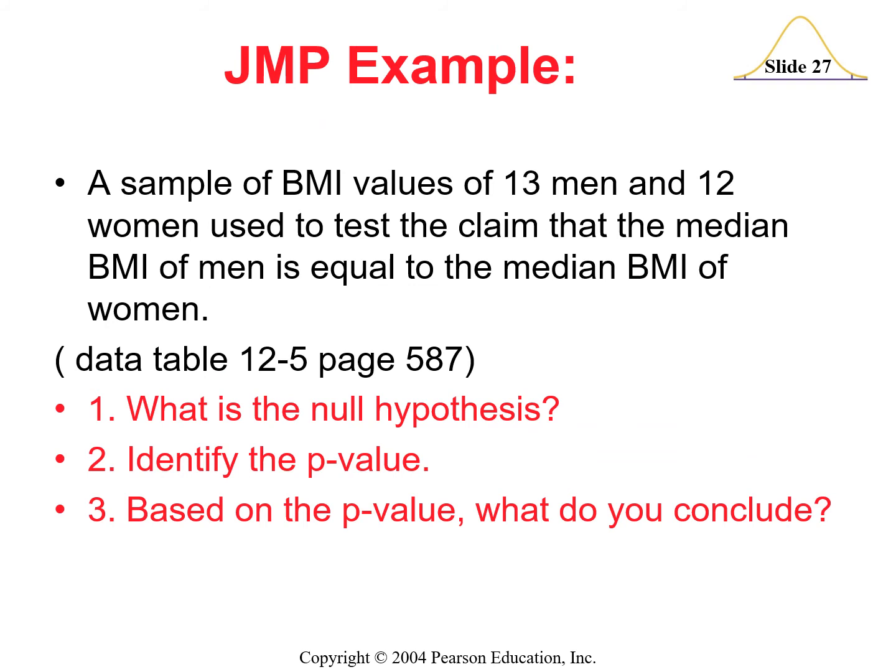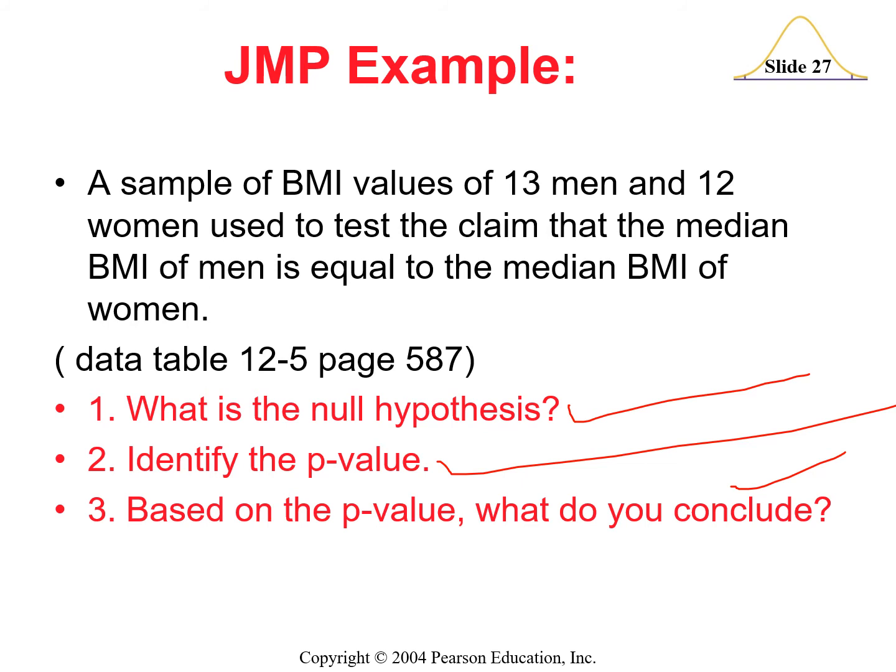We use JMP software to generate the outcomes. The questions are: what are the null and alternative hypotheses, identify the p-value, and make your decision and conclusion on the results.